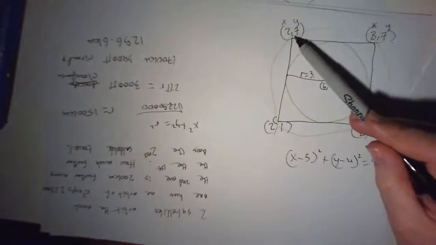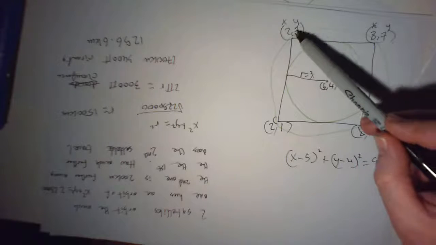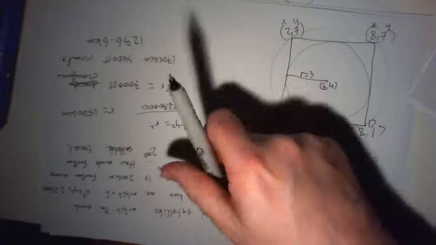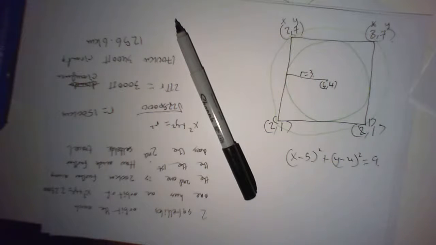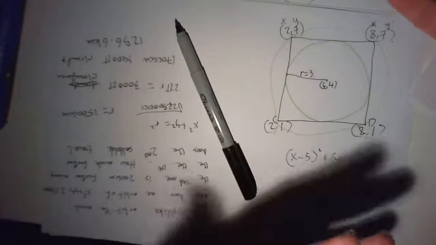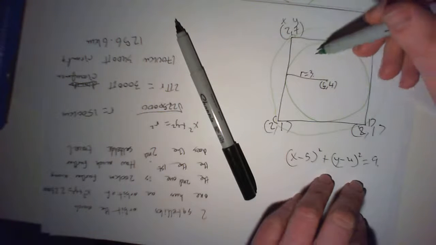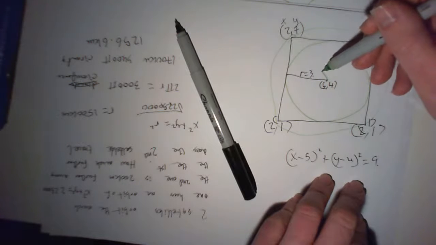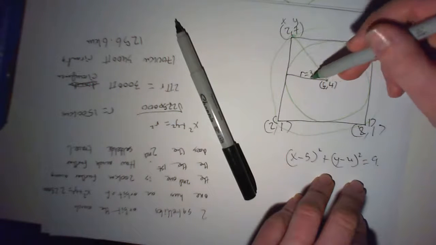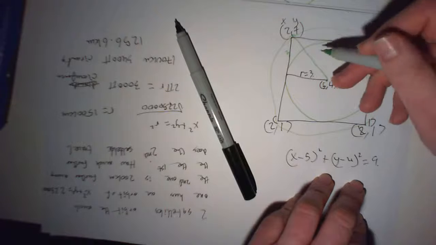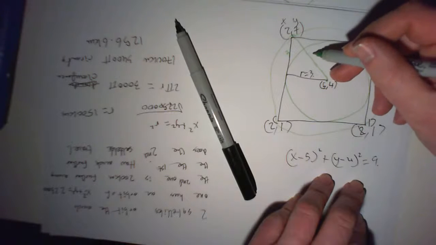Now, there is a way of figuring out that bigger circle. We're not asked to do it, but let's spitball it. What we know for sure is that this shape is a right angle triangle, and this is 3 and this is 3. So you can work out the radius of that one.